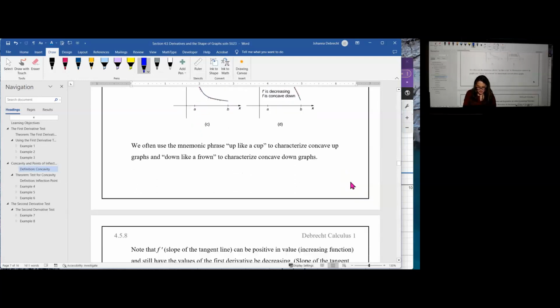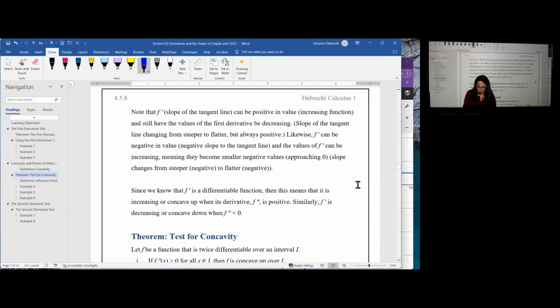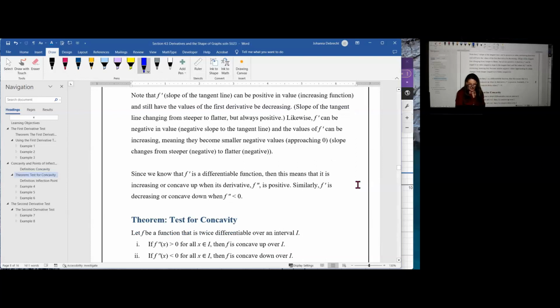Remember to use up like a cup and down like a frown in order to help you figure out which one is which. Basically, if the first derivative is differentiable, meaning the second derivative exists, then it will be concave up when the second derivative is positive and concave down when the second derivative is negative.